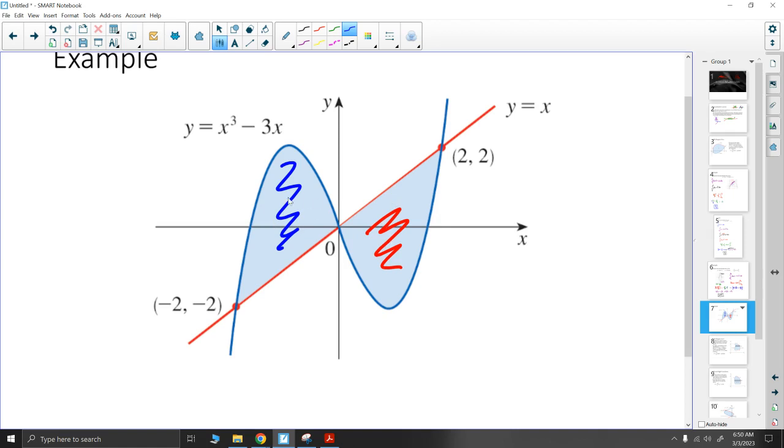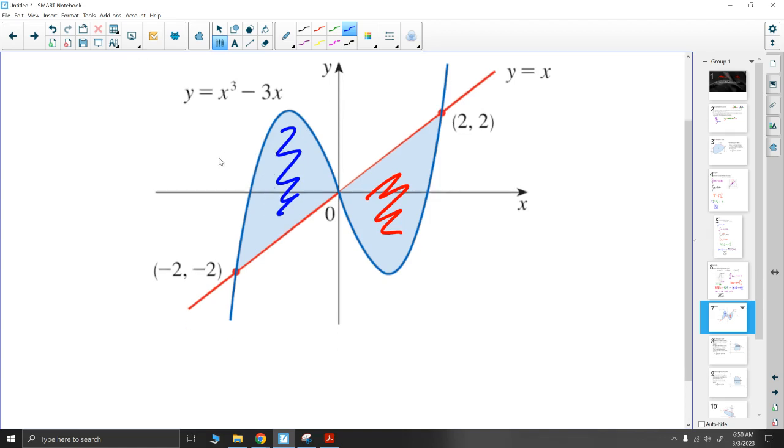So this is a negative region, this is a positive region, and I'm expecting them to be the same because this has a symmetry to it. We'll see that in a bit. If I just were to integrate either one of these from -2 to 2, treating either the red on top or the blue on top for both, it would end up with a 0. So what we need to do is split it up into two integrals.